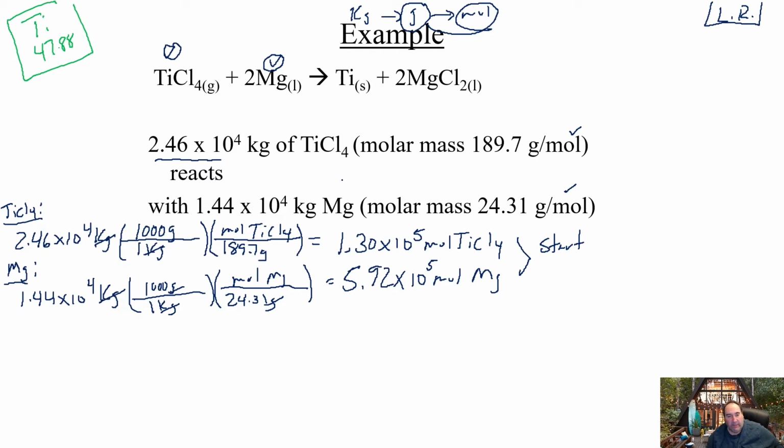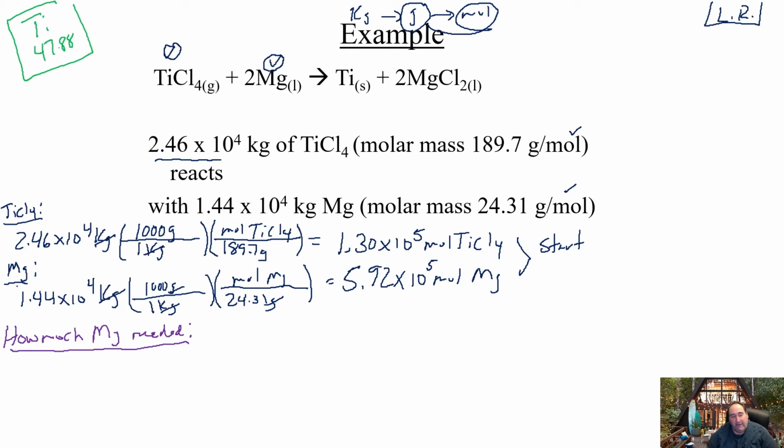Since it is a limiting reagent problem, once again, I'm going to pick one of the reactants and figure out how much of the other one is needed. So here I'm going to figure out how much magnesium is needed. What I'm figuring out is how much magnesium is needed to use up all of my TiCl4 in this case.